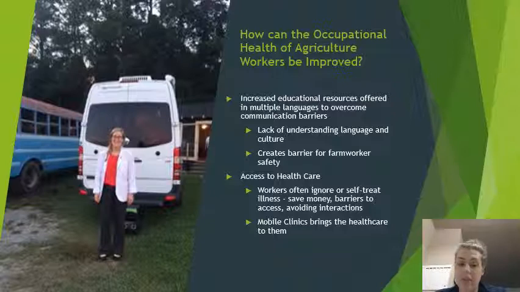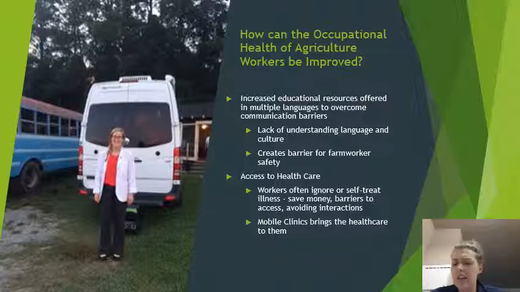Another big issue I found was access to healthcare. Although there are some programs and policies in place to help fund clinics that provide free or reduced cost services to the agricultural worker, there still are issues with accessing healthcare. This leads a lot of migrant farm workers to either ignore their illness or self-treat it.